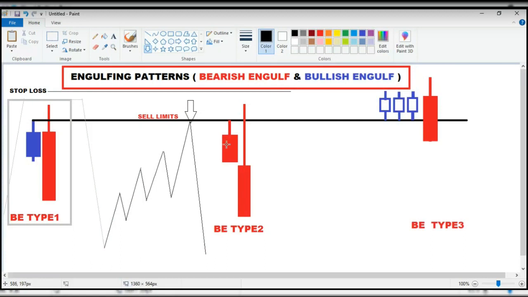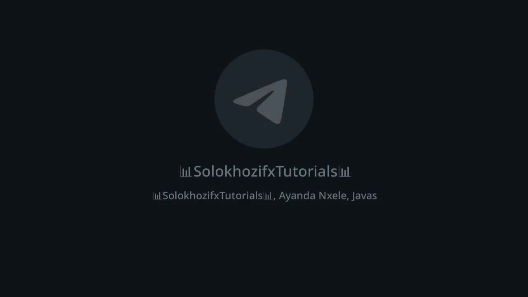You will have it like this, and then the next candle will have a longer wick compared to the previous one, and then you'll find the body being created right at the bottom, continuing going down.